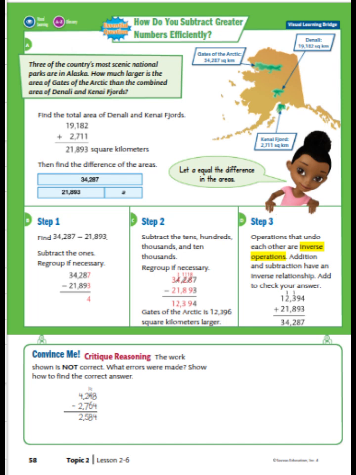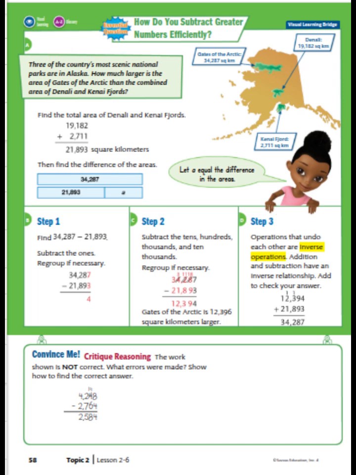Then we have 1 plus 7, which is 8. 9 plus 2 is 11, which means we carry or regroup an extra 1 to the 10,000s place, which is how we get 2 for our 10,000s place number. So we see that the 2 smaller parks are 21,893 square kilometers combined.